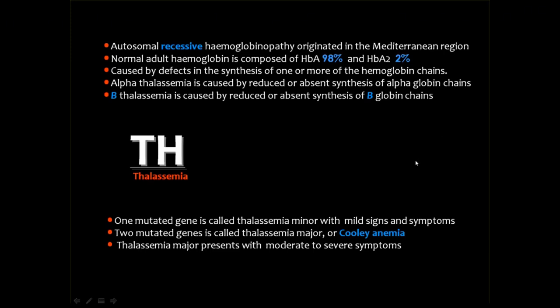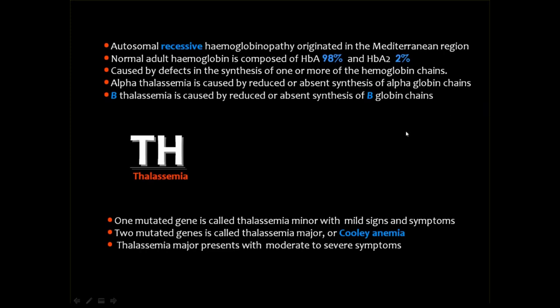It is well known that the adult hemoglobin is composed of hemoglobin A, which represents about 98%, and the hemoglobin A2, which represents about 2%. The thalassemia is caused by a defect in the synthesis of one or more of the hemoglobin chains.